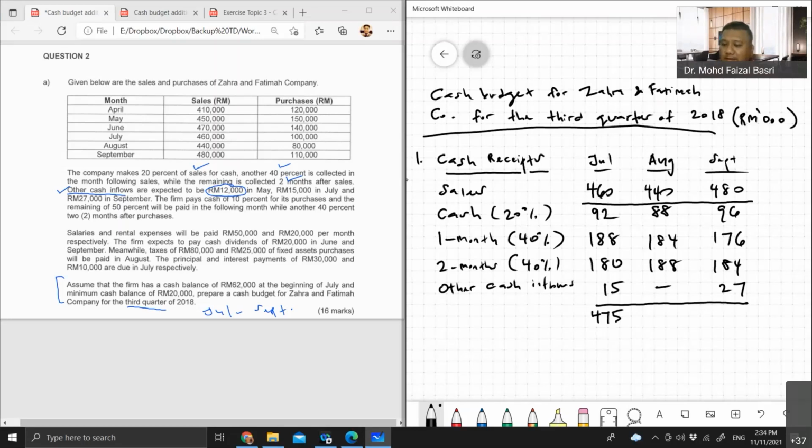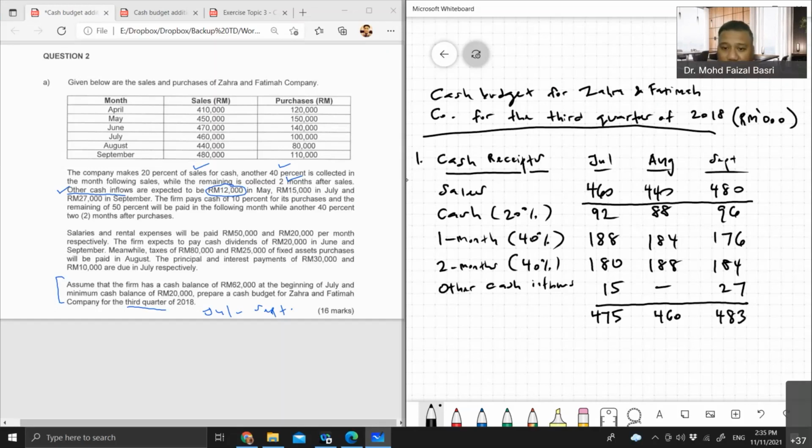For August, 88 plus 184 plus 188. You have 460,000 here. And for September, you have 96 plus 176 plus 184 plus 27. So you have 483 in September.